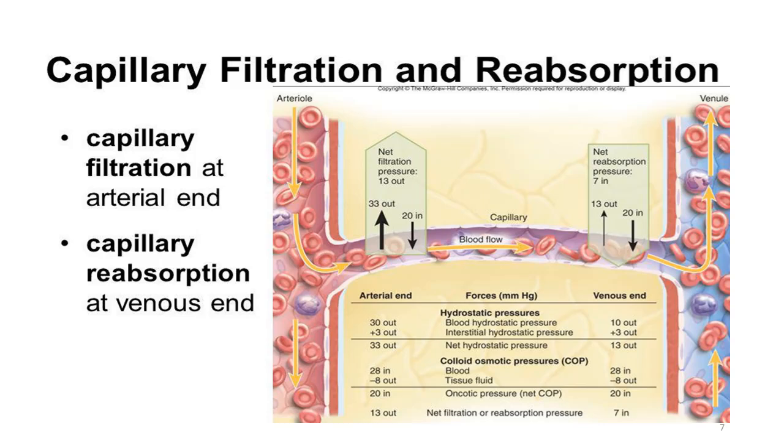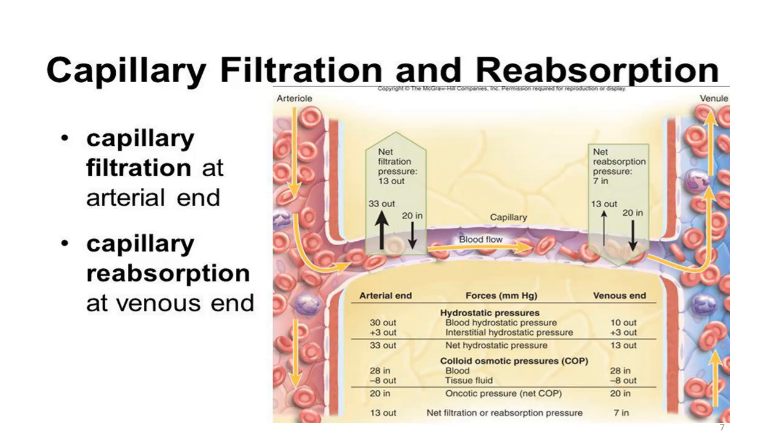The first one, blood hydrostatic pressure, is about 30 millimeter mercury, as I said, and this 30 millimeter mercury is out of the capillary. It means that it goes into the interstitial fluid. So please keep this 30 millimeter mercury out of the capillary. The other hydrostatic pressure is the pressure of interstitial fluid.